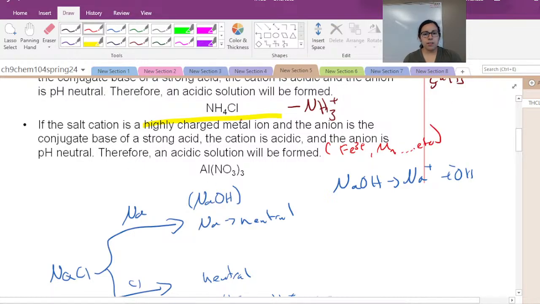All of these highly charged metal ions make the cation generally acidic, and so sometimes you can have an acidic solution being formed, such as with aluminum. Aluminum is what we'll see in our class.